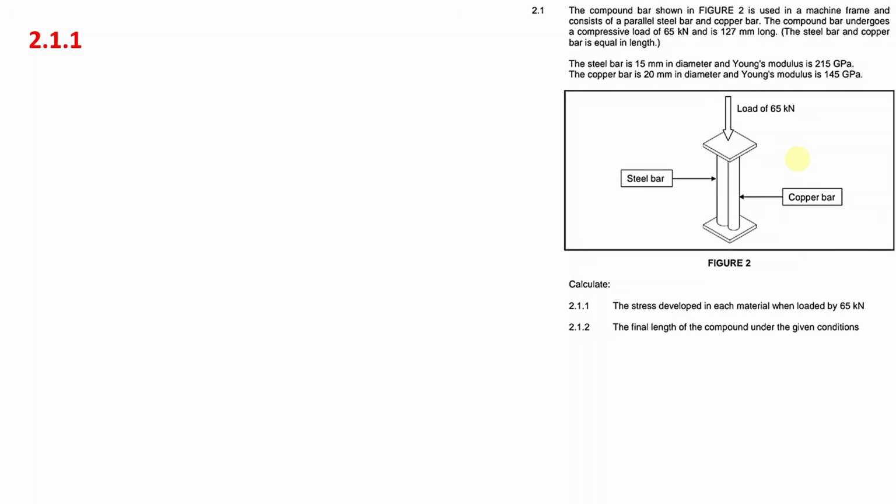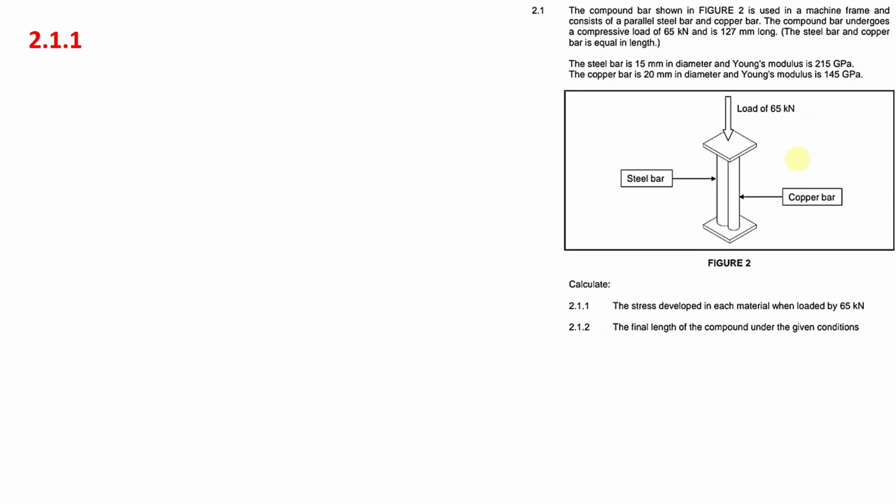So do not make the mistake of taking 65 kilonewtons and dividing it by the cross-section area of the steel to find the stress, and then taking again 65 kilonewtons and dividing it by the cross-section area of the copper to find the stress in the copper bar. If you do that, you will be making a mistake, because the steel is not carrying 65 kilonewtons. It's carrying a certain percentage of it, and the copper is carrying whatever remains.